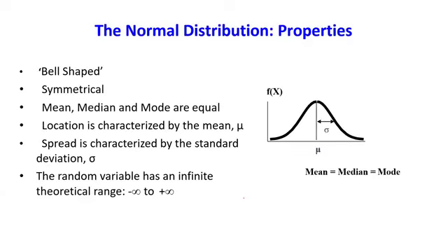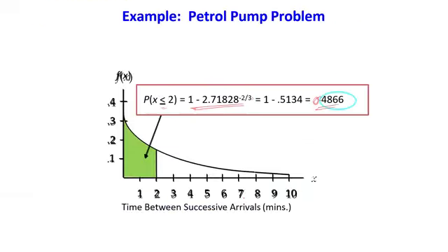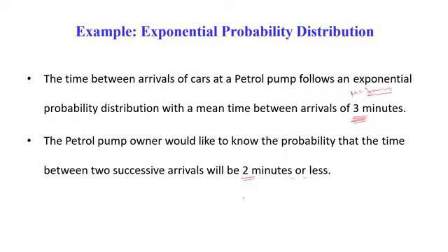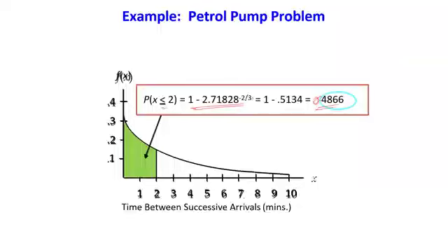In the exponential, the petrol pump problem, that was the interval, 2 minutes or less. So here 0.48 represents the probability, a percentage.